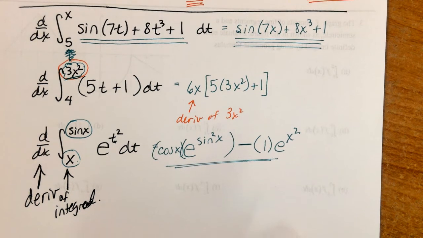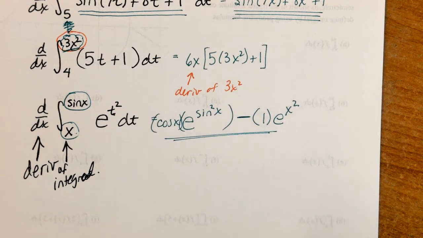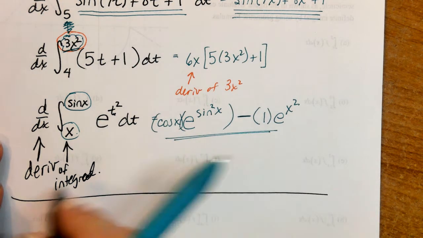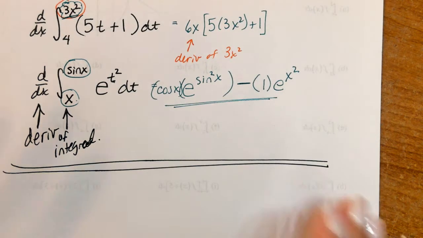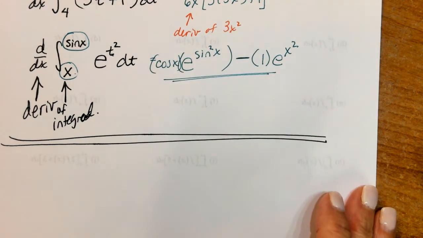That's the only time you can do this. This is the second fundamental theorem, or fundamental theorem of calculus 2.0. Okay? I'll do a couple more examples in a moment.